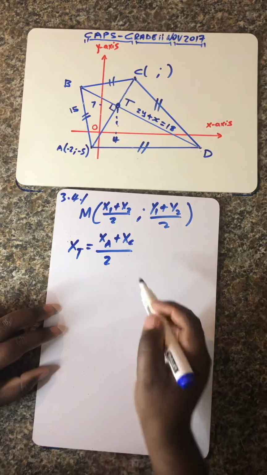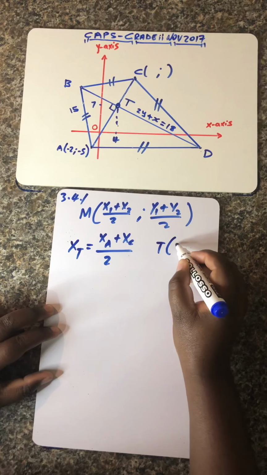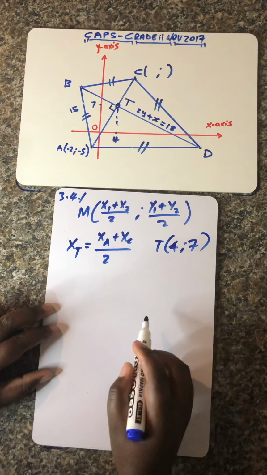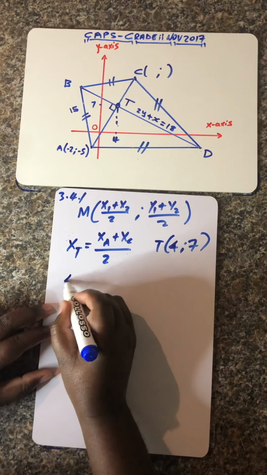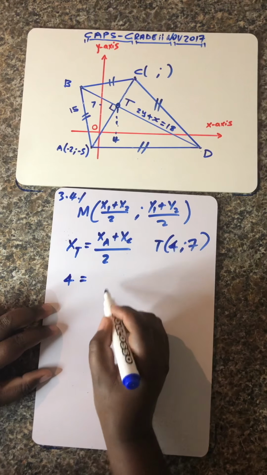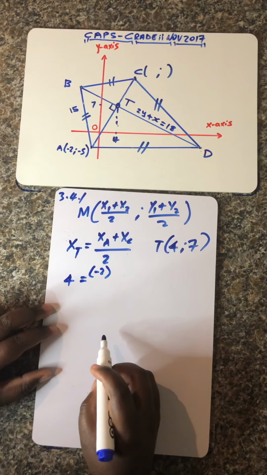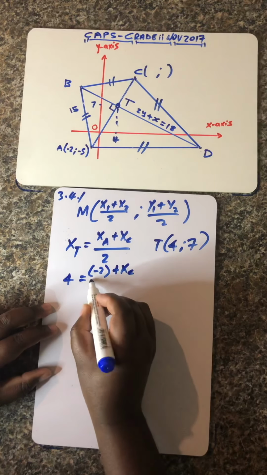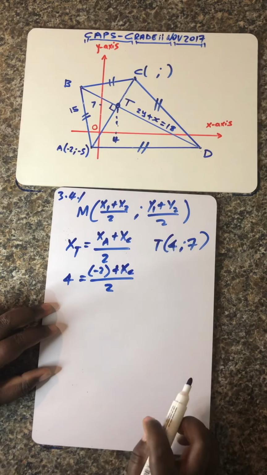If you remember, we calculated it in the previous question and said T is (4; 7). So we substitute: the x at T equals 4, which equals the x at A, in brackets -2, plus the x at C, divided by 2. So you're actually looking for the x at C.